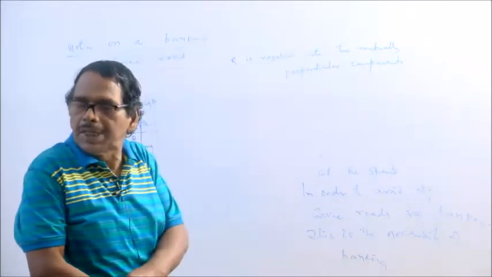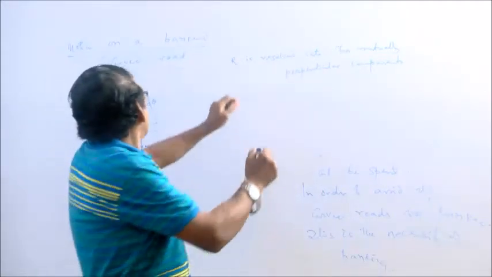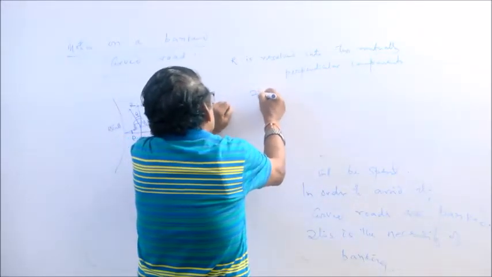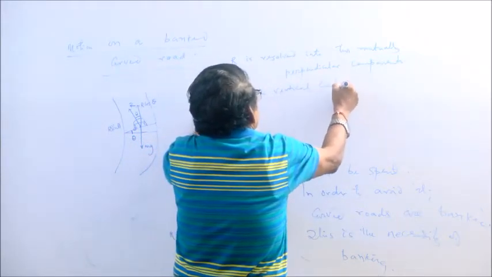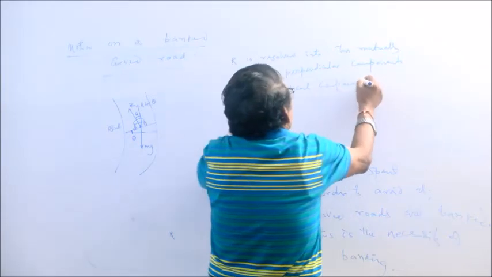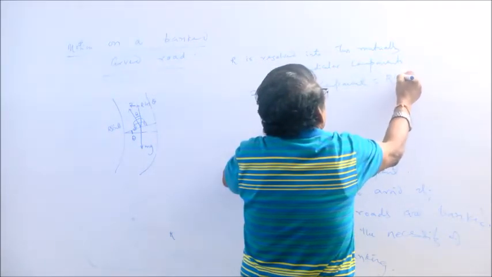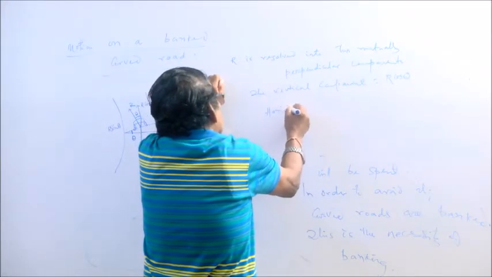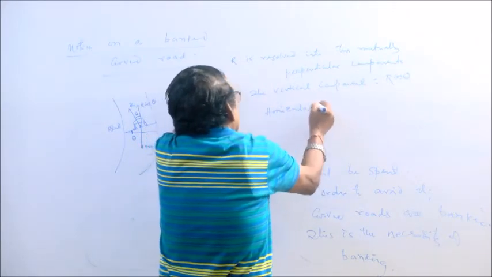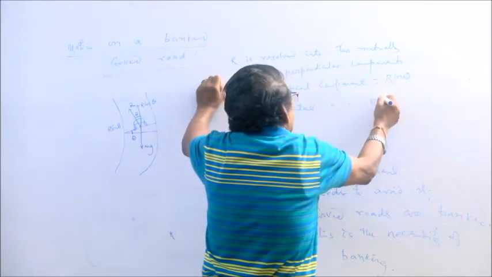The vertical component is R cos theta, and the horizontal component is R sin theta.